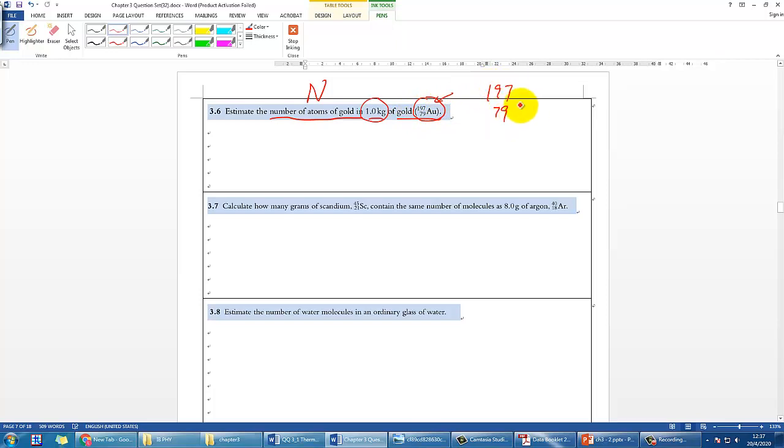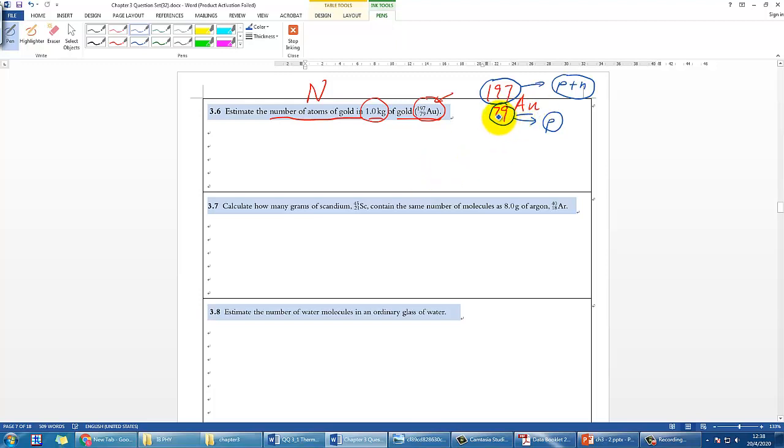197 and 79, how do you obtain useful information from here is that the 197 representing how many proton plus neutron, right? And the one below is how many proton only, because number of proton is a little bit more important than the number of neutron to determine its element.